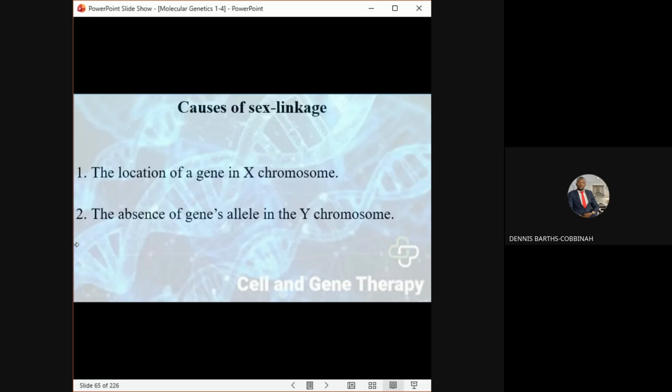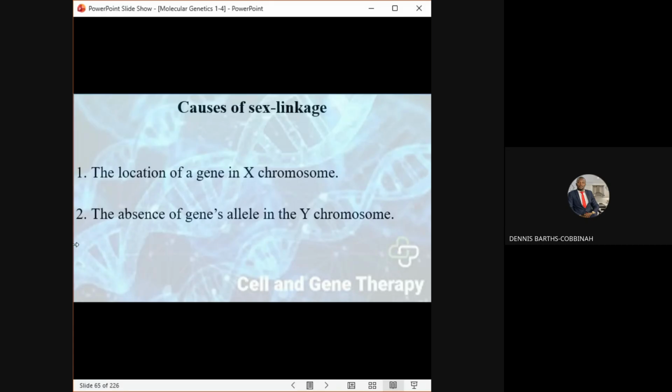Crossing over rarely occurs in that region. So all the genes that are present there are most likely to be inherited together, unlike on the euchromatin. In euchromatin, the gaps or the distances between the genes are wide apart, and crossing over is most likely to occur in that region. And the alleles are independently going to assort into different gametes.